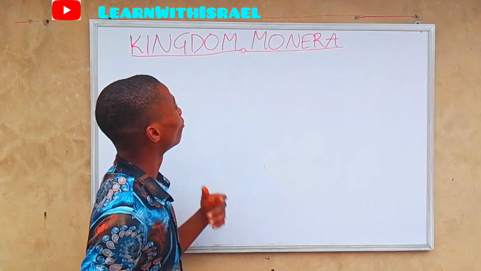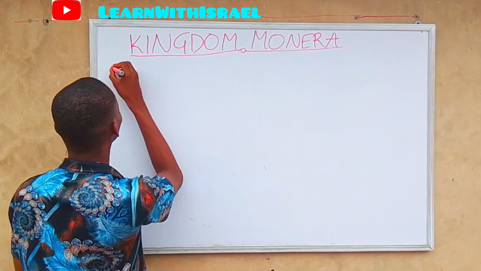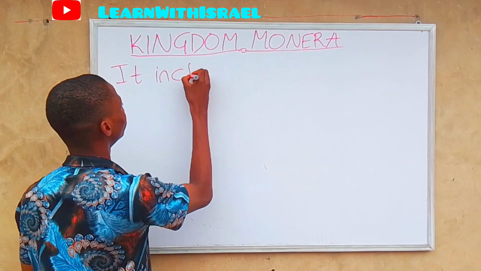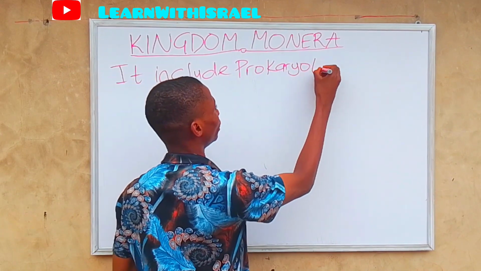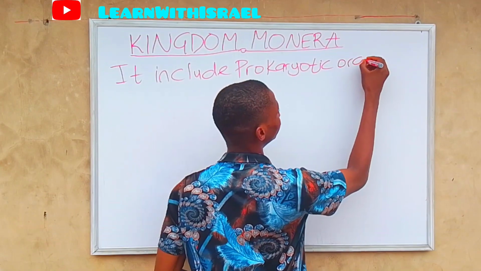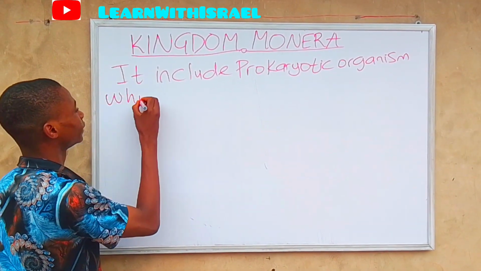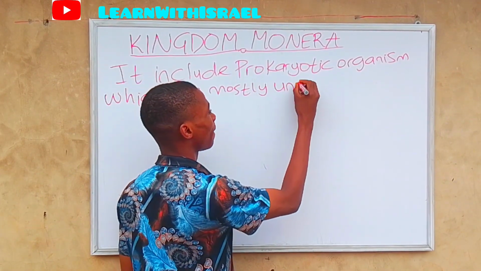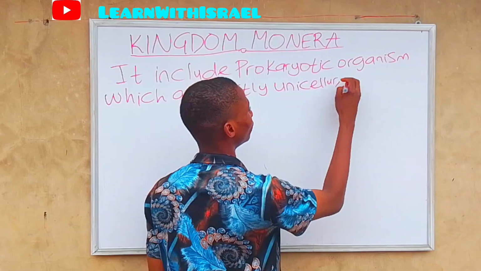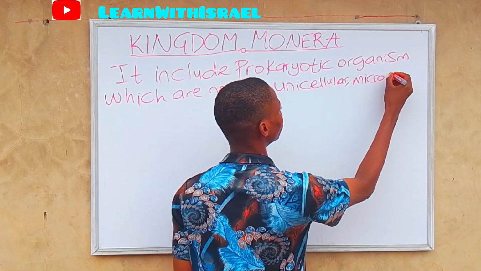Let's start with the definition of Kingdom Monerans. So what's Kingdom Monerans? Kingdom Monerans include prokaryotic organisms, which are mostly unicellular, microscopic, and simple.